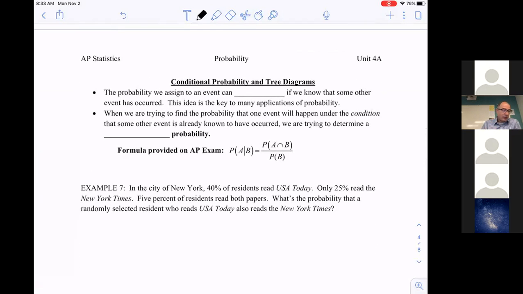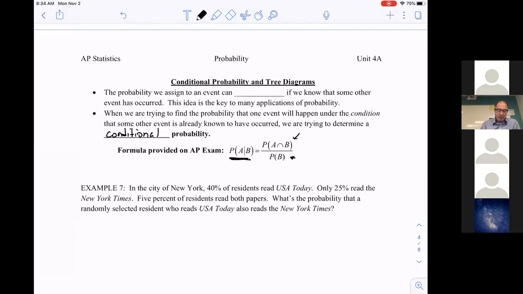Okay, so here's our formula for a conditional probability. It is the likelihood of event A. The notation looks like this: the probability of A given B. To calculate that, it's the intersection of A and B divided by the likelihood of B happening.